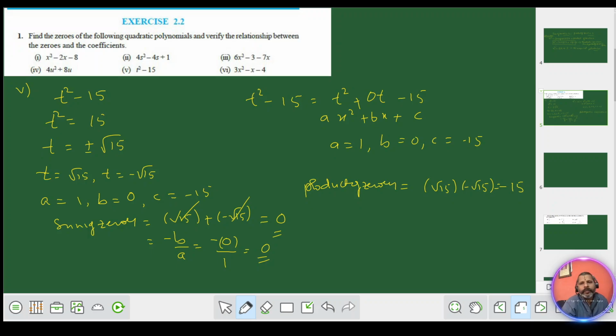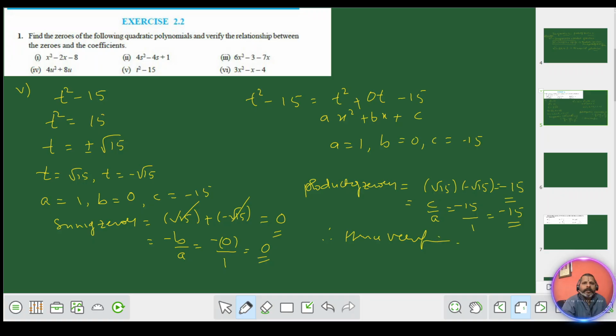Otherwise, root 225 will come, and the square root of 225 is 15. Either way, you can solve. Product of zeros is again the c by a formula. What is the c value here? Minus 15. a is 1. So minus 15. Hence verified.